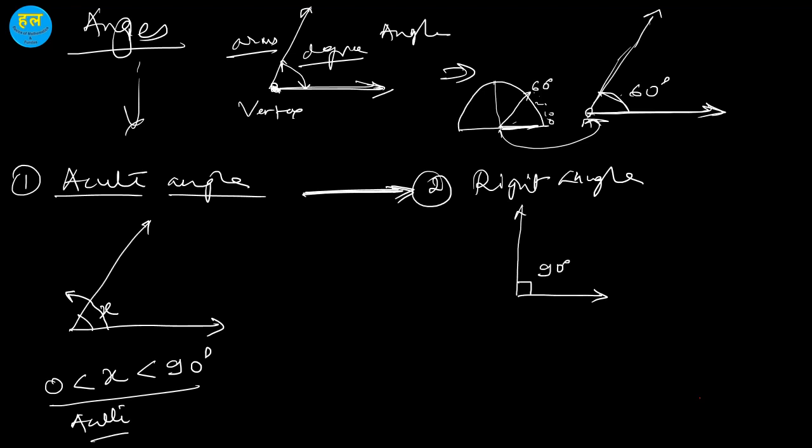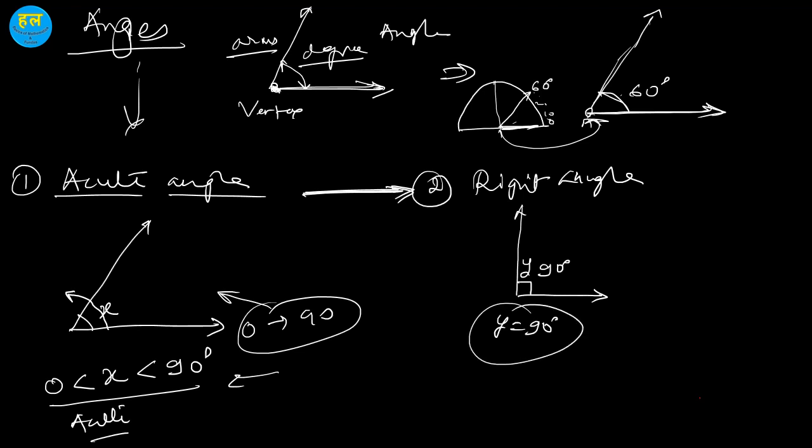That means let us assume this is y and y is equal to 90°. Then this is called right angle. If you see here, for acute angle there is a range, that is 0 to 90°. All the angles are called acute angles, but for right angle it is only one value, that is 90°. If it matches then only it will be called right angle.